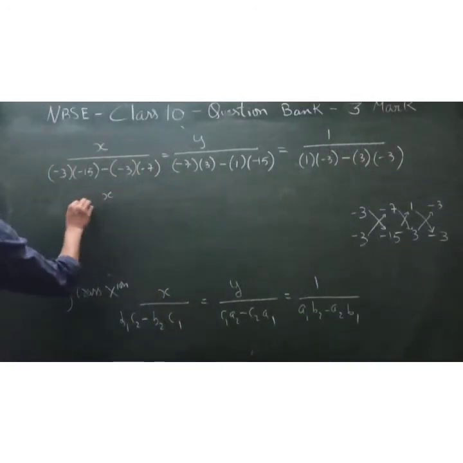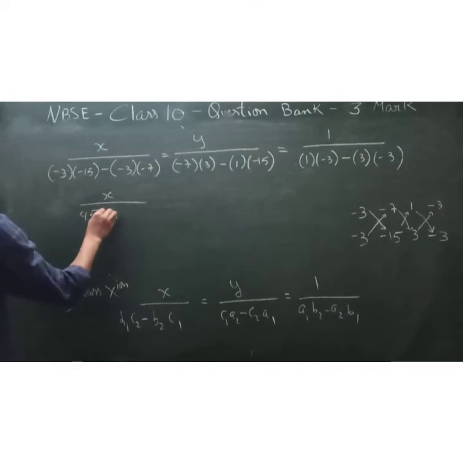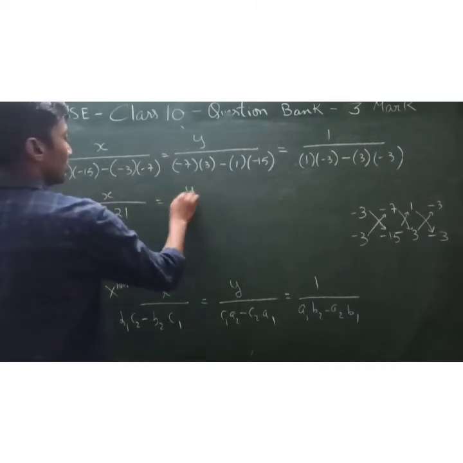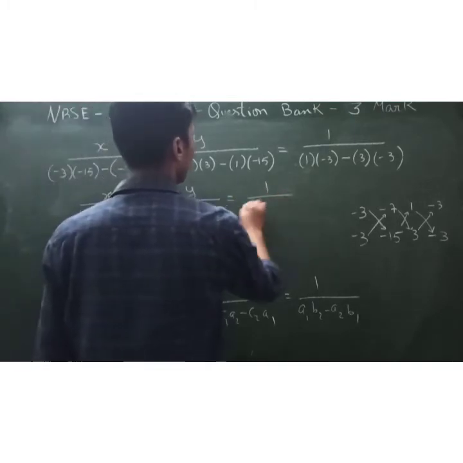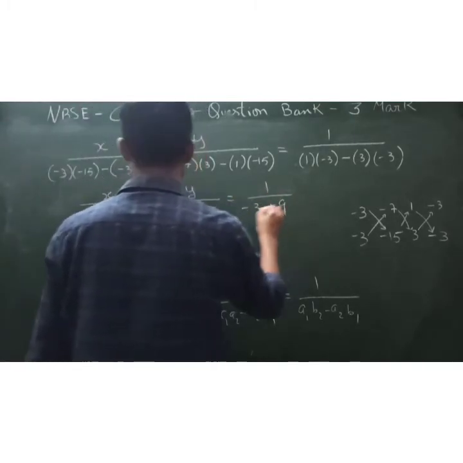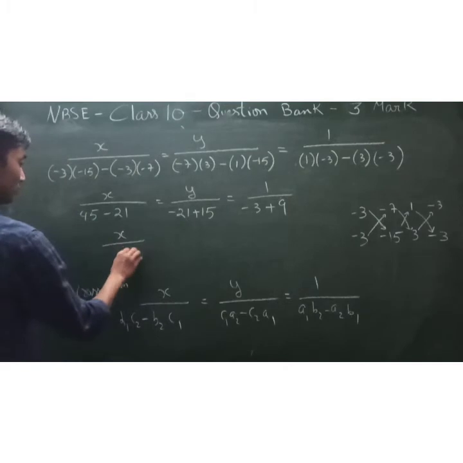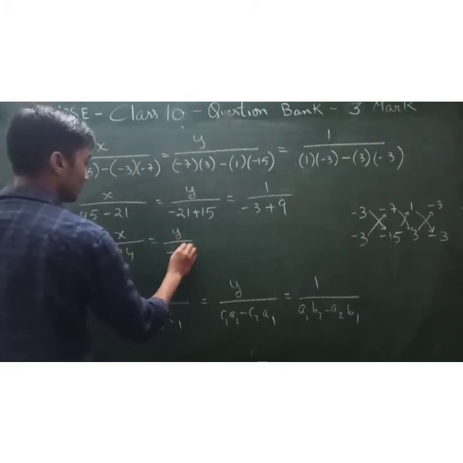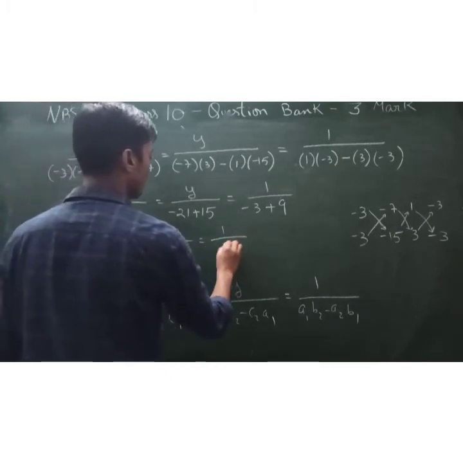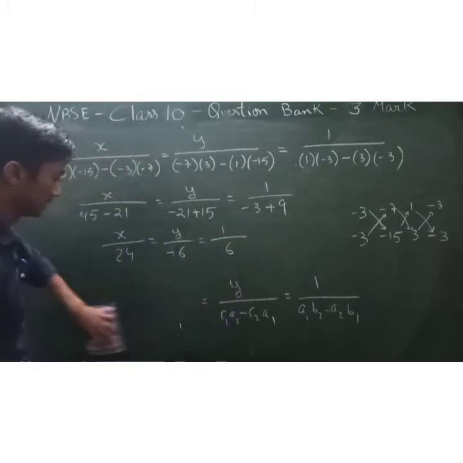So that's going to be x by 45 minus 21, y by minus 21 plus 15, 1 by minus 3 plus 9. So that's x by 24, y by minus 6, 1 by 6.